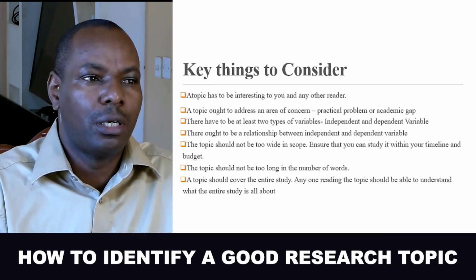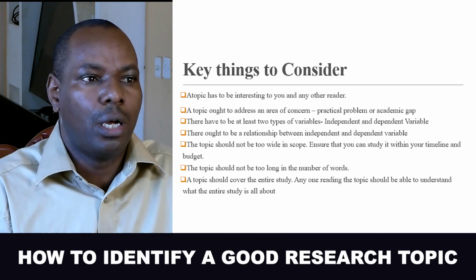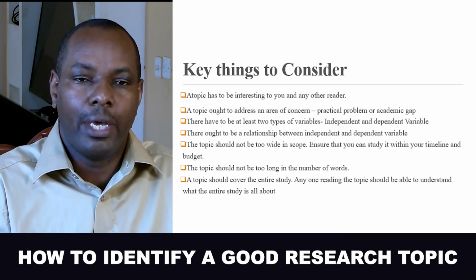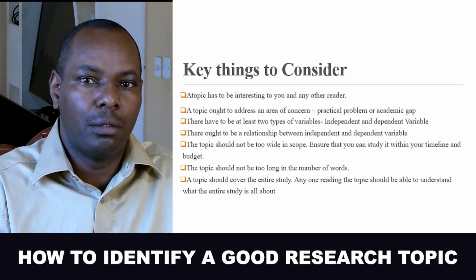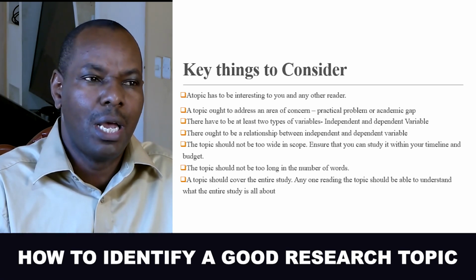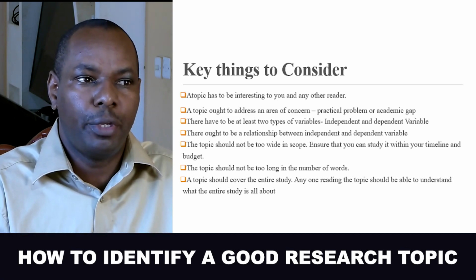The topic should not be too wide in scope. It depends on the area of your study, whether you are doing, for instance, bachelor's, master's, PhD level or even postdoc. So the topic should be related to the scope that you want to study.